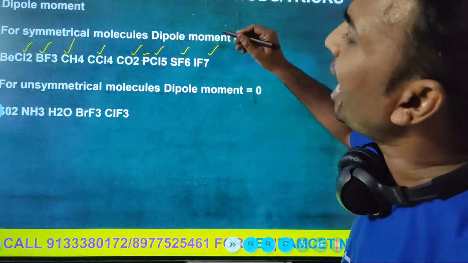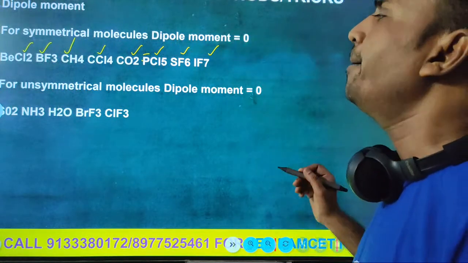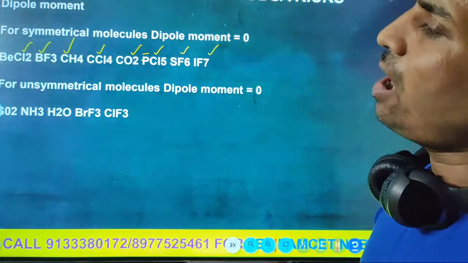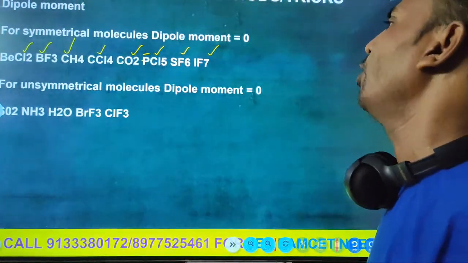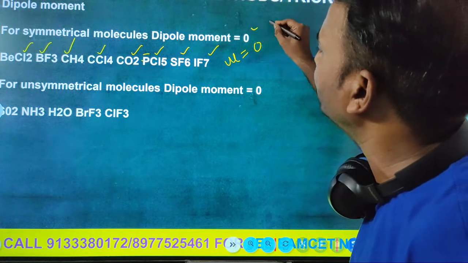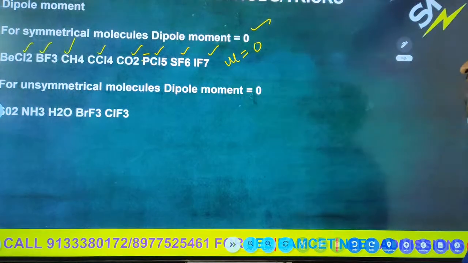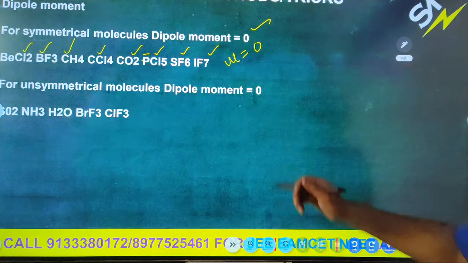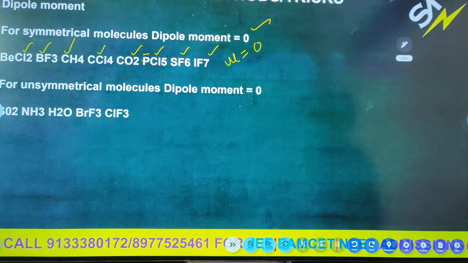But although all have different electronegativities, they are symmetrical molecules. Symmetrical molecule means their mu is equal to 0. Mu is nothing but the dipole moment. So the dipole moment here is 0.